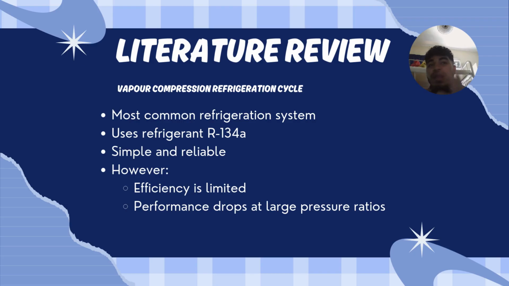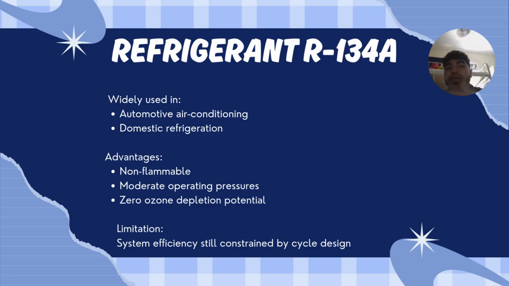Although this system is widely used, research shows that its efficiency decreases when operating under a large pressure and a large temperature difference. Now I will explain a little bit about refrigerant R134A. R134A is commonly used in domestic refrigerators and air conditioning systems.